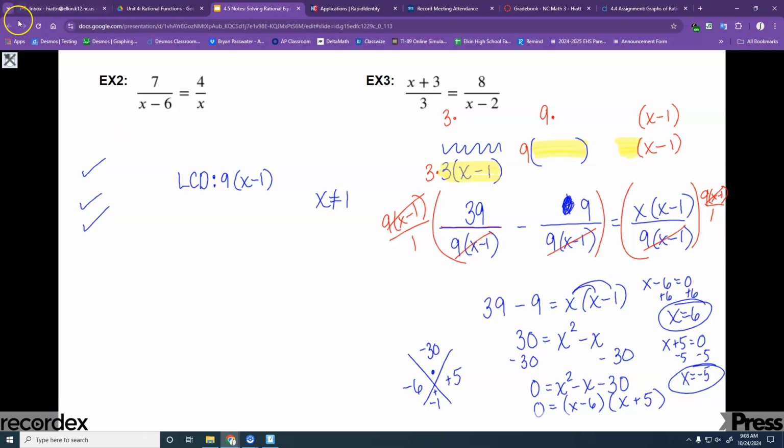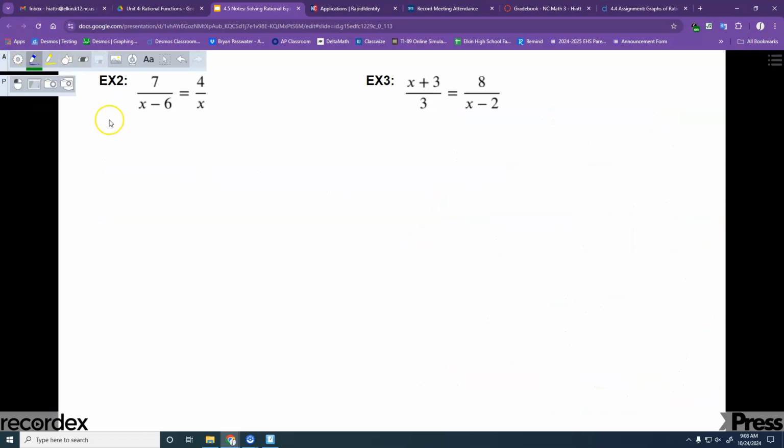All right, let's try another one. Okay, for example 2, we've got 7 over x minus 6 equals 4 over x. What would we use for our least common denominator?